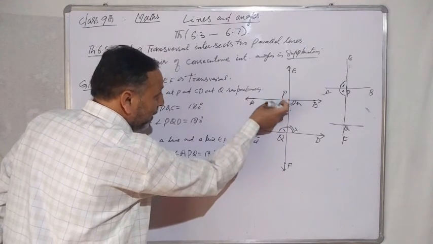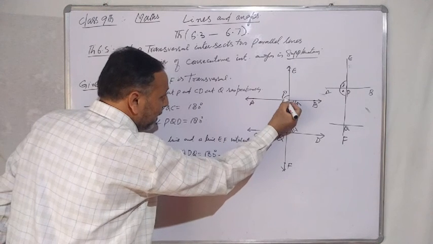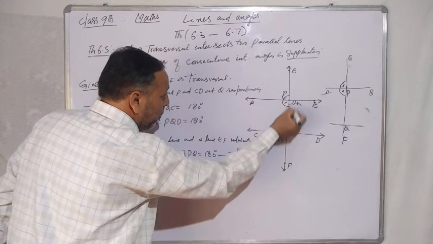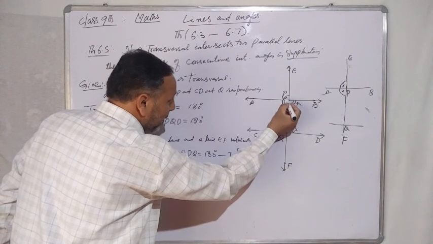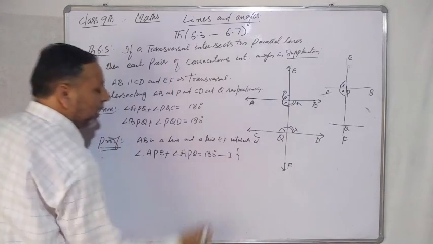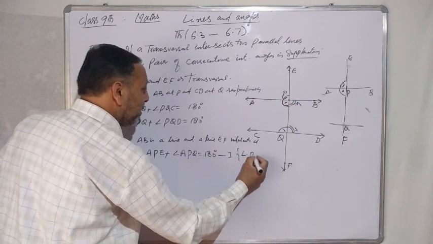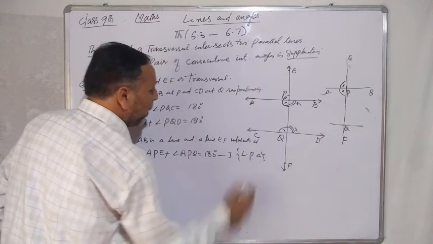Angle APE plus angle APQ is 180 degrees. LPA means linear pair of angles.